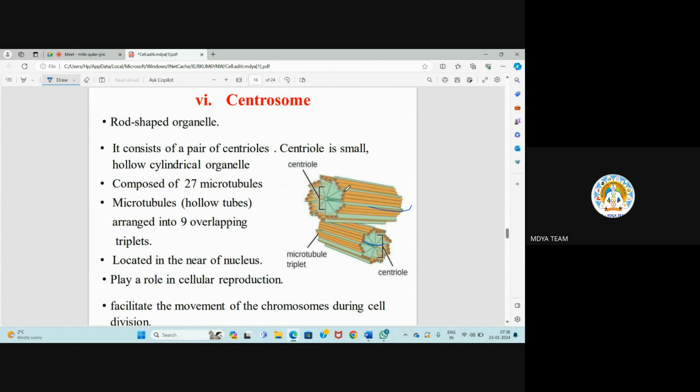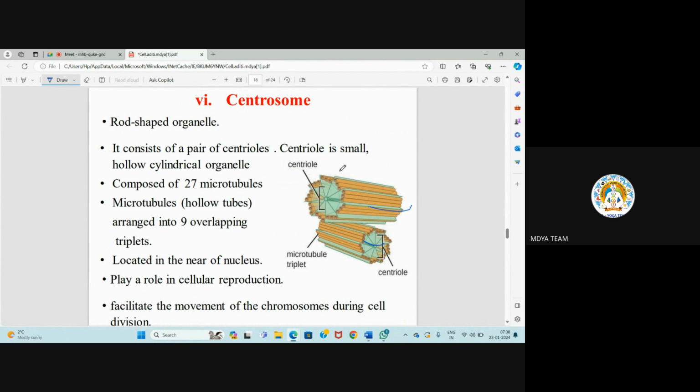And there are 9 plates. So each plate is containing 3 centrioles, and there are 9 plates in one centrosome.